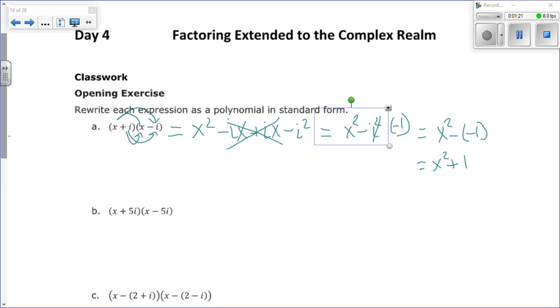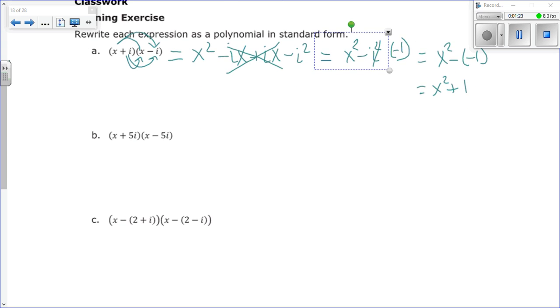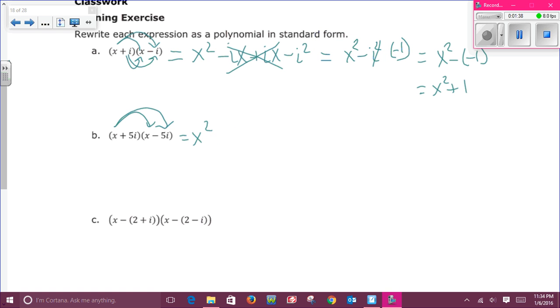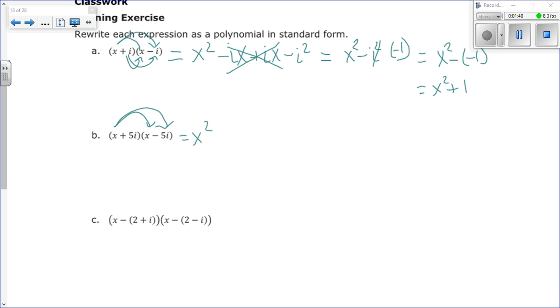For the next one, we will do this again. X times x is x squared. X times -5i is minus 5ix, and then this would be plus 5ix, and then that would be minus 25i squared.